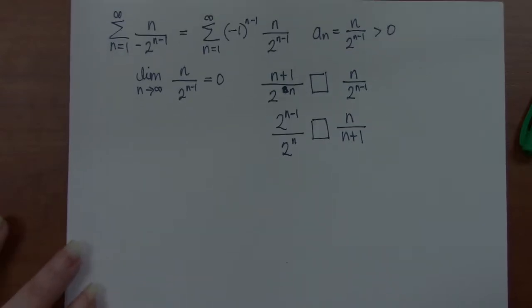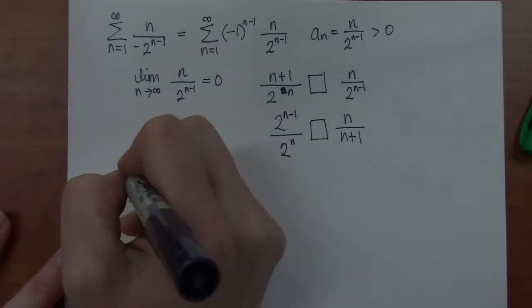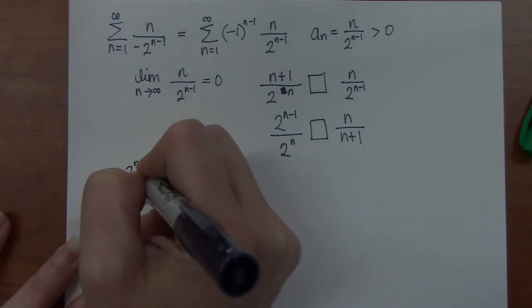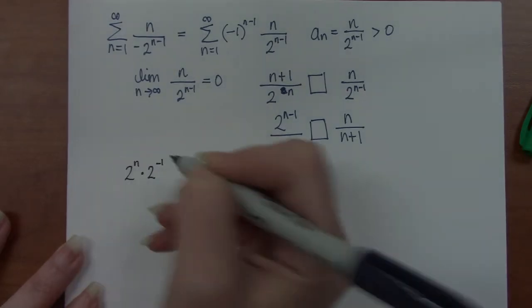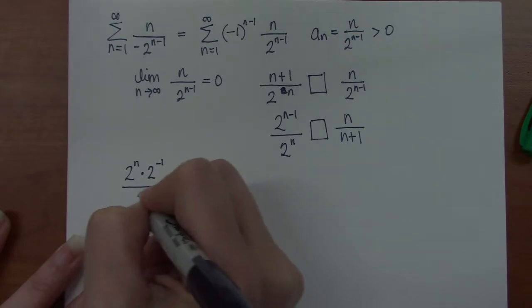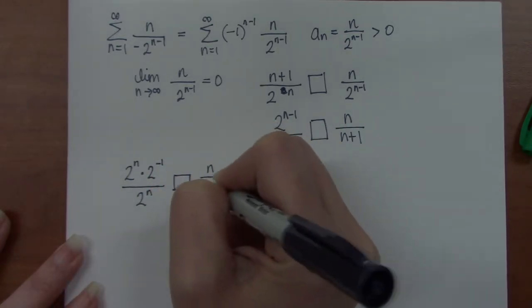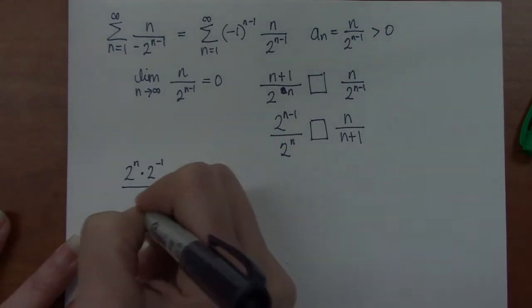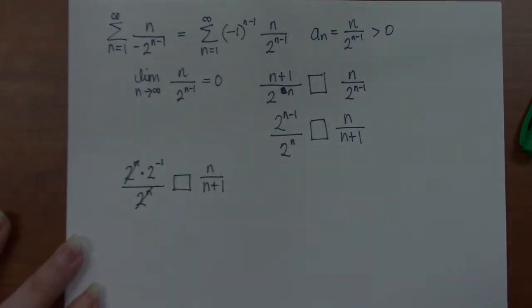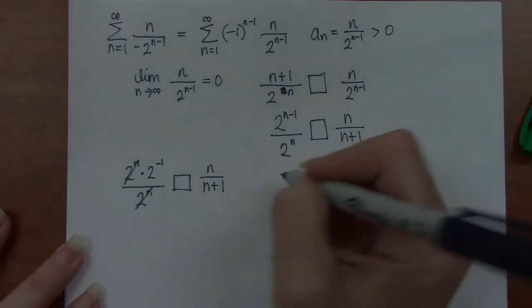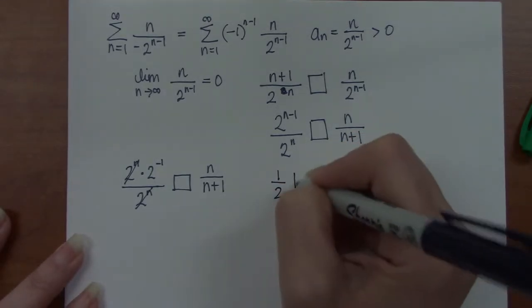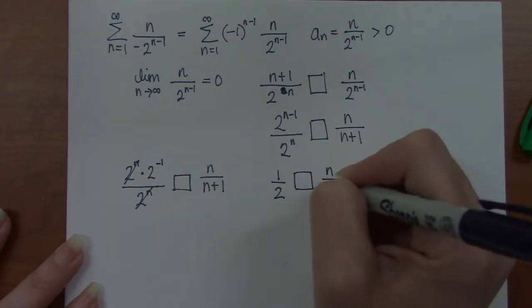Then I can split up this numerator, and say that's just 2 to the n times 2 to the negative 1 over 2 to the n. And my 2 to the n's are going to cancel. Furthermore, 2 to the minus 1 is just 1/2. So really, I need to do this.